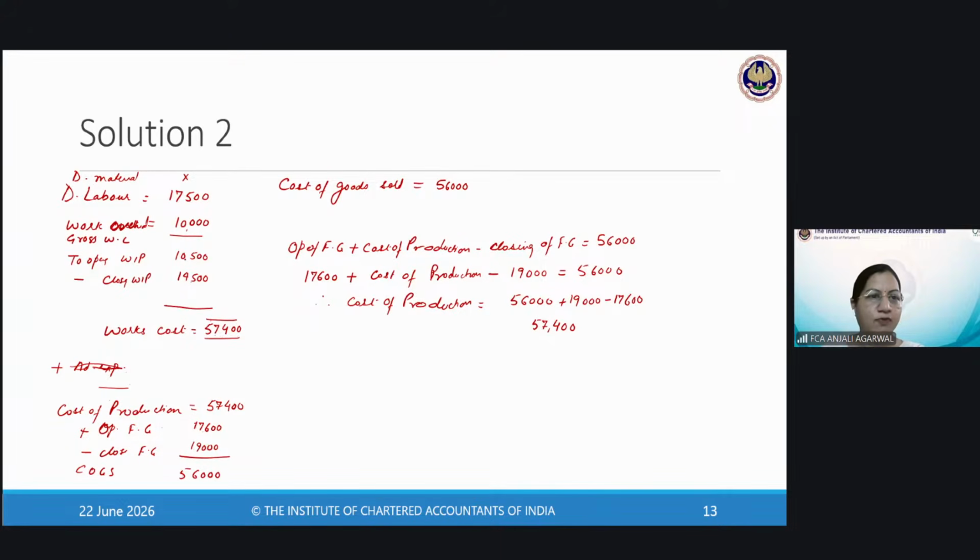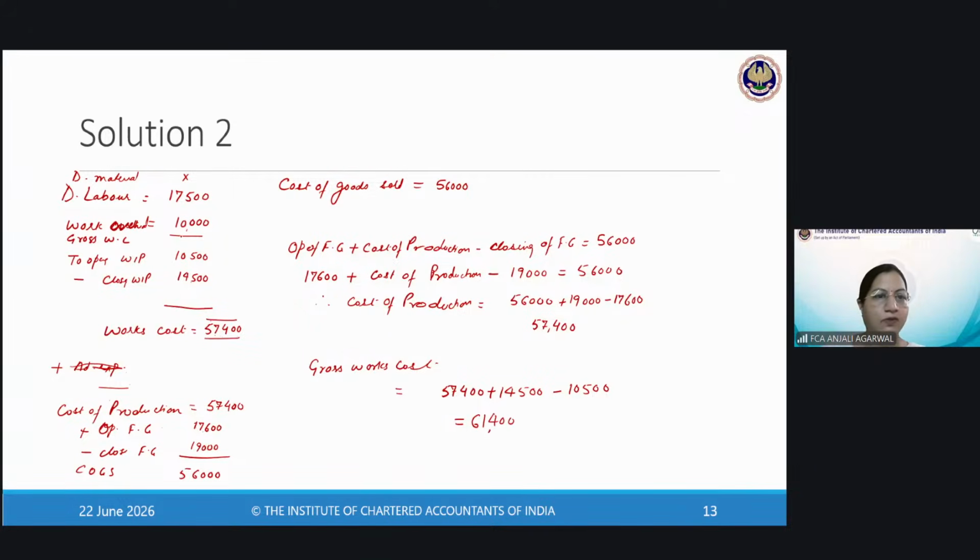Now again, working backwards, gross works cost is 57,400 plus 14,500 minus 10,500, so this becomes 61,400.